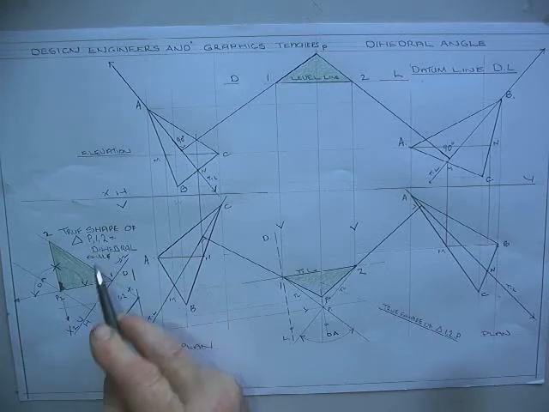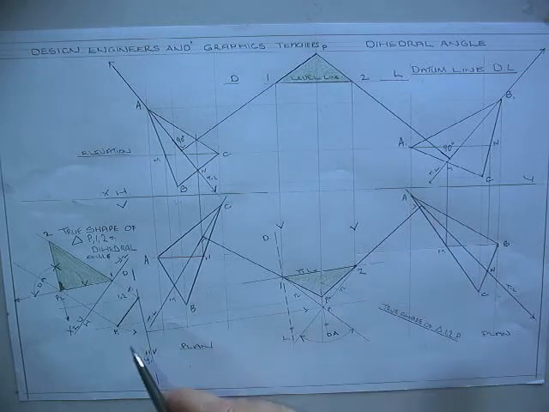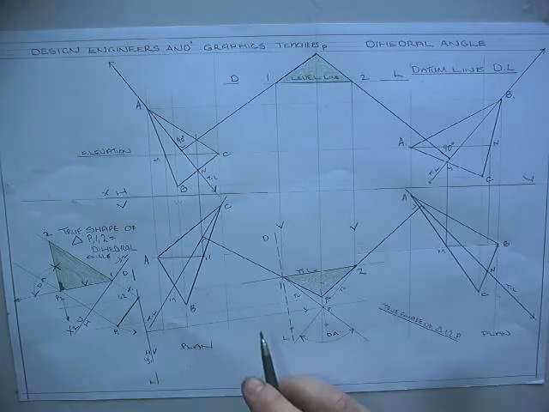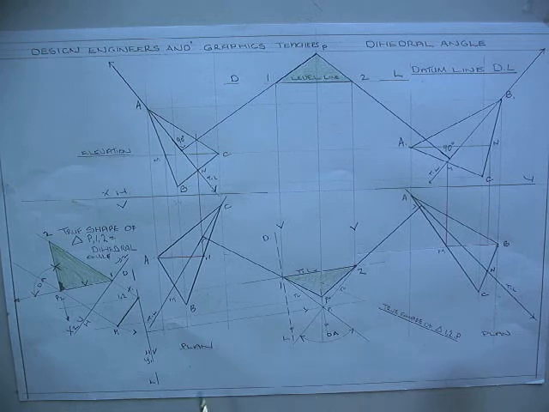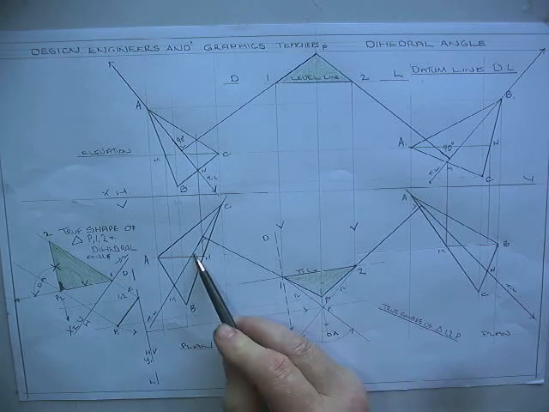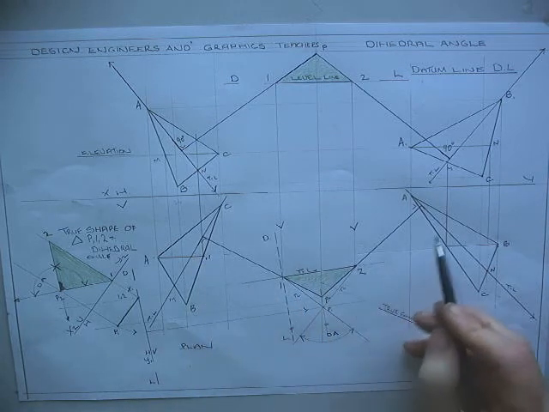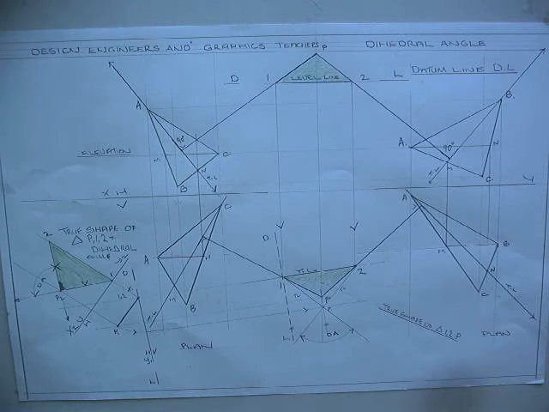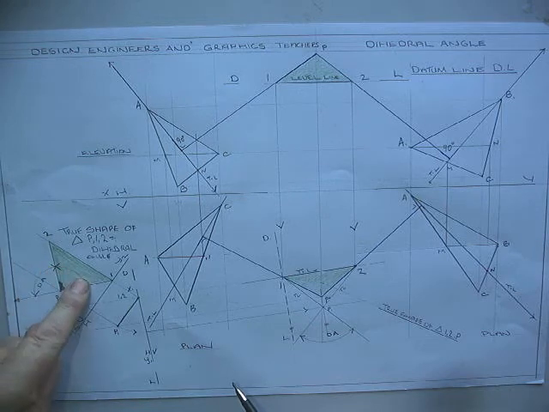It is also the dihedral angle between the two planes, because we said that the dihedral angle is a third plane perpendicular to two planes. In other words, this triangle plane is perpendicular to that, and it's also perpendicular to that. Again, I've just extended the two lines here to show the dihedral angle: we've got one angle here and we've got another angle here.